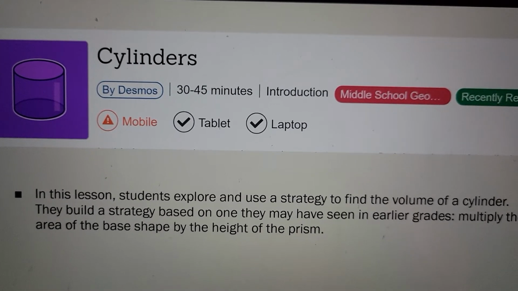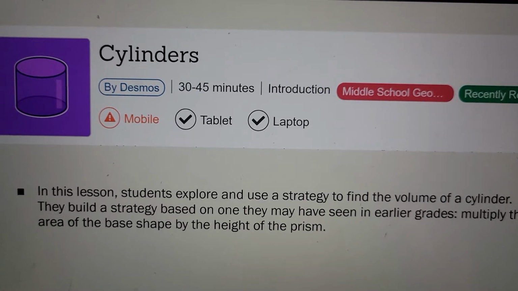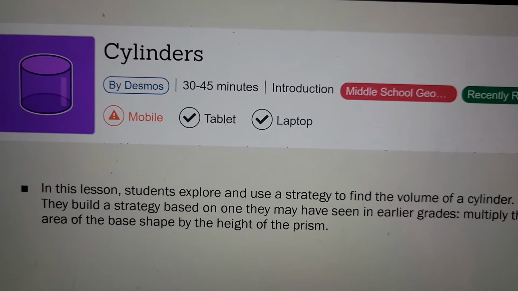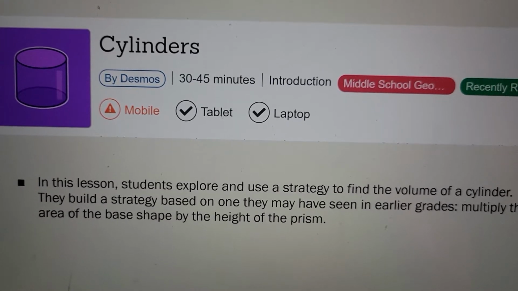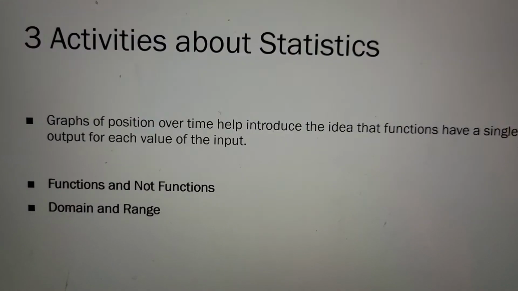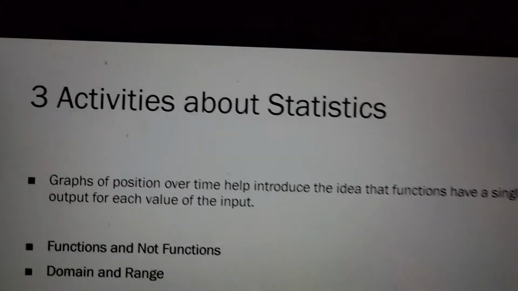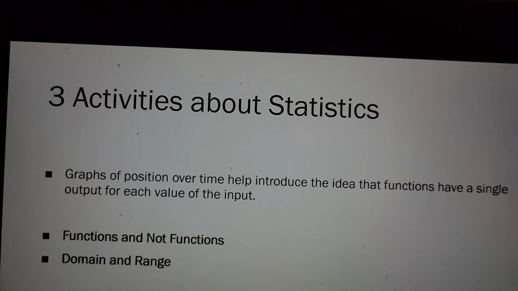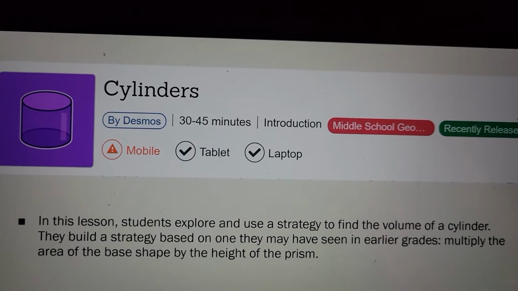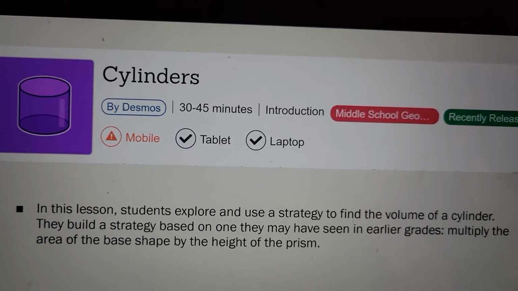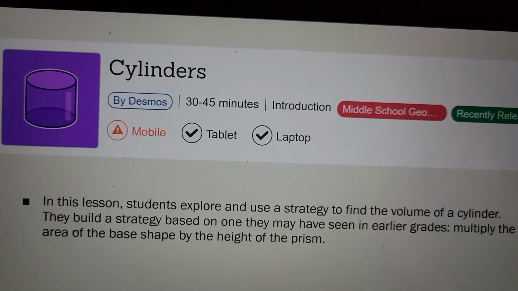So this activity is not as fun as the other activities, but still it's interesting in which it introduces formulas, and these students have to apply the formulas to the numbers given, and in which they find the volume and surface area of cylinders.